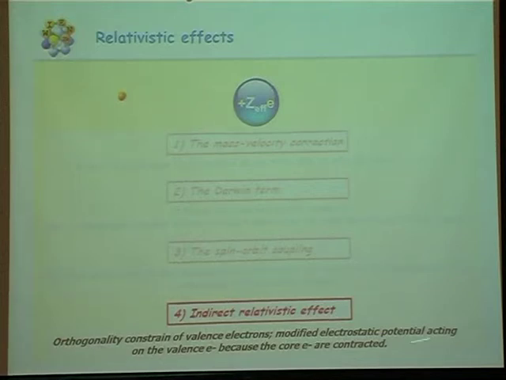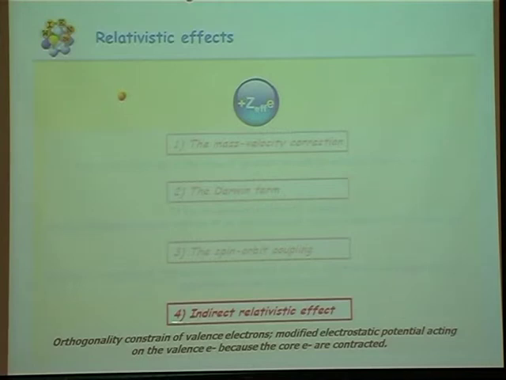And there is a second effect, and that was that these outer electrons, let's say a 3d electron or a 4f electron with a higher L quantum number, they see a modified electrostatic potential, because the core electrons, 1s, 2s, the 2p or so, they are contracted and they shield the nucleus better. So again, a very indirect effect.